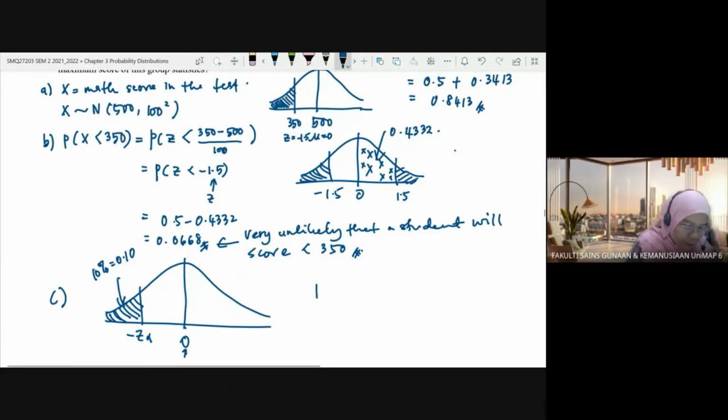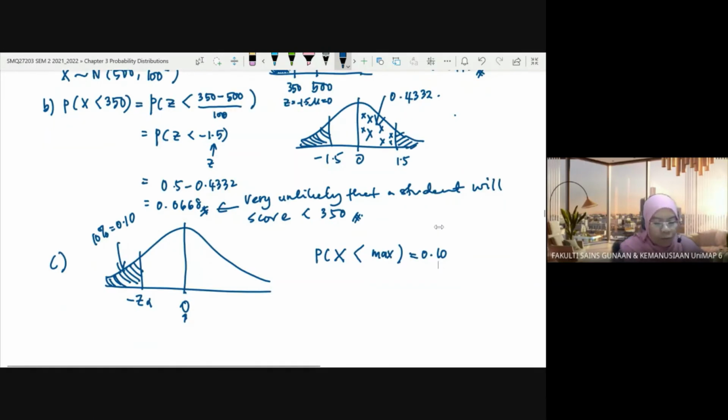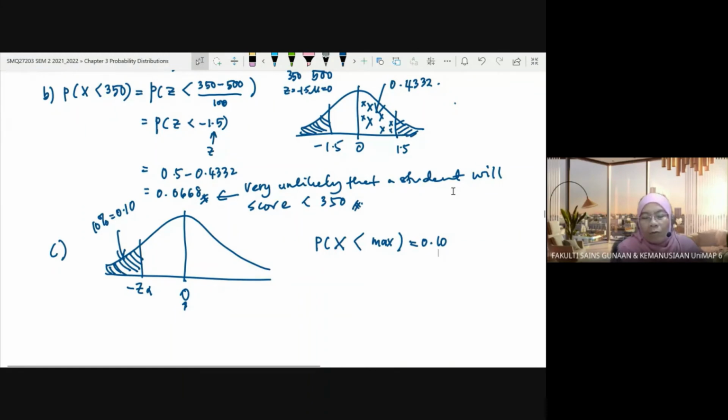We know that P(X), that will be the score marks, less than what value? We don't know what is the value, Z alpha. So let's say we call this the maximum of the lowest value, equal to 0.10. So this will be your first notation of how you begin your process of finding the answer.